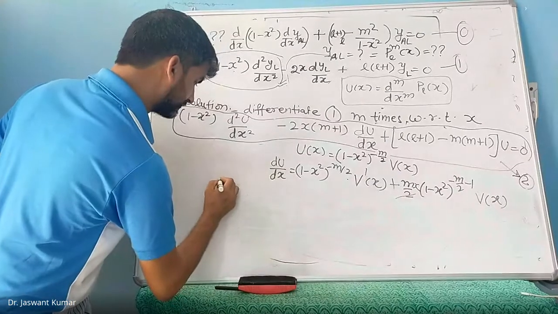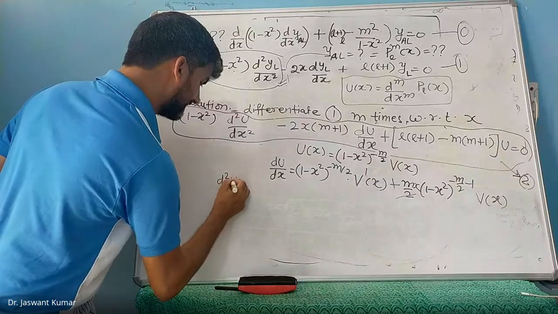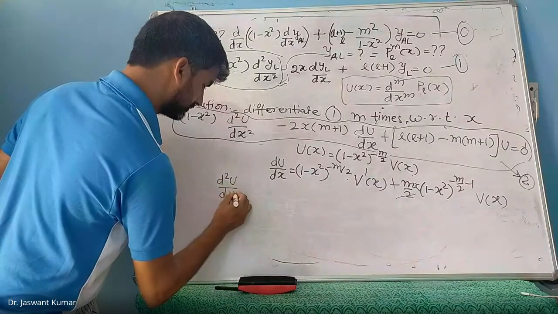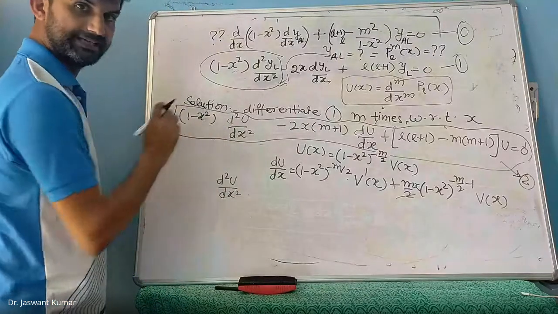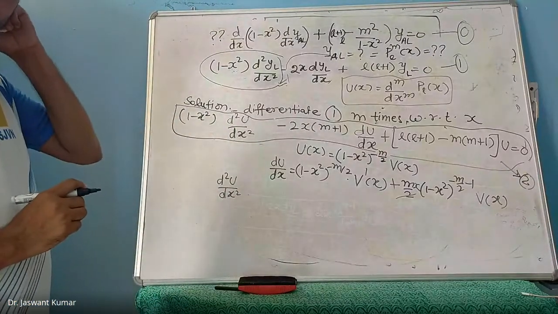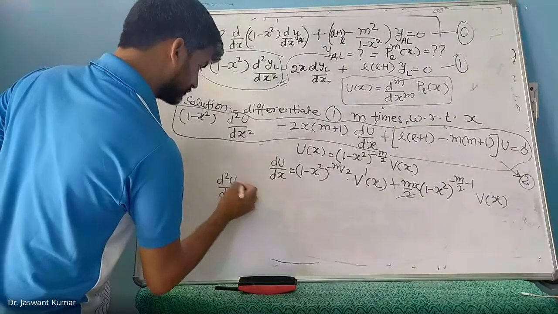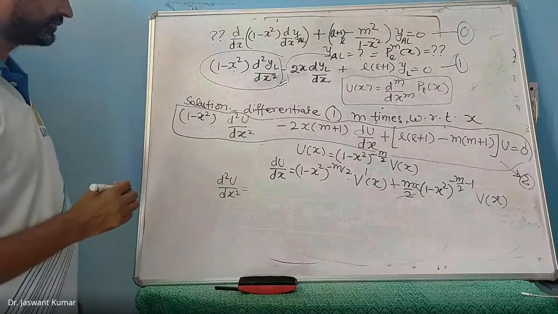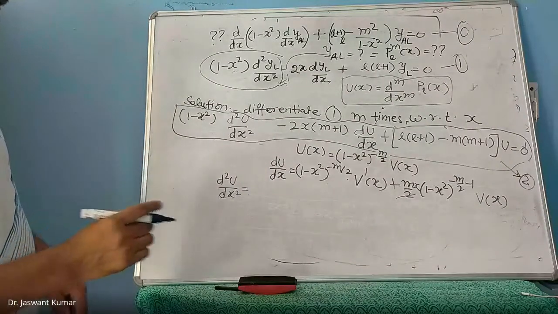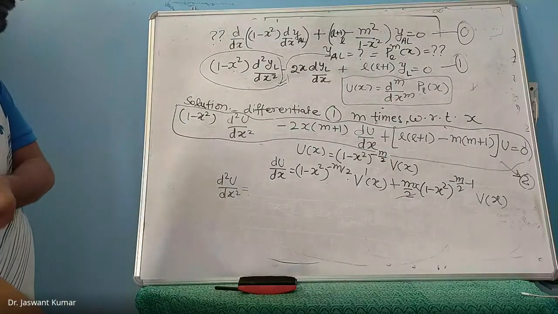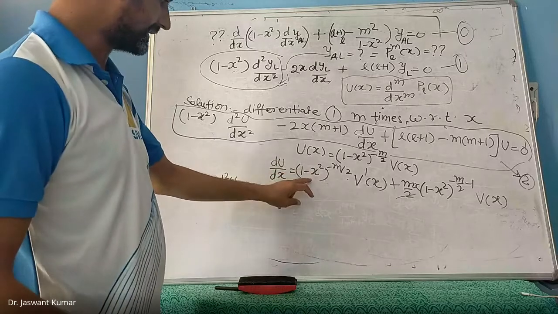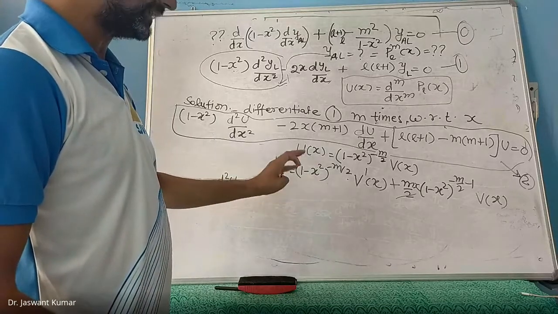So now we calculate what is d2u by dx2, because we need to calculate d2u by dx2 over here, right? So let us do. Have we written all this correctly, children? Check it, because if there is any mistake in this, then we are stuck.